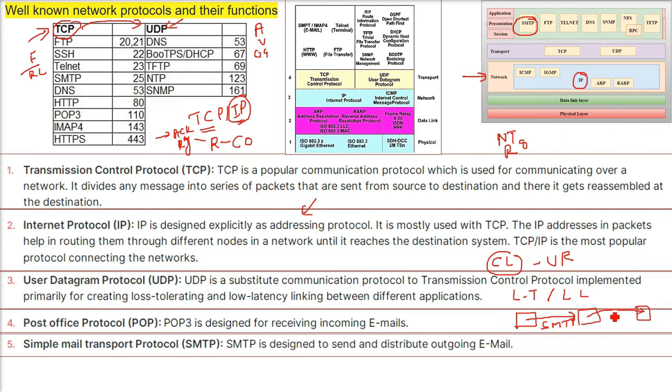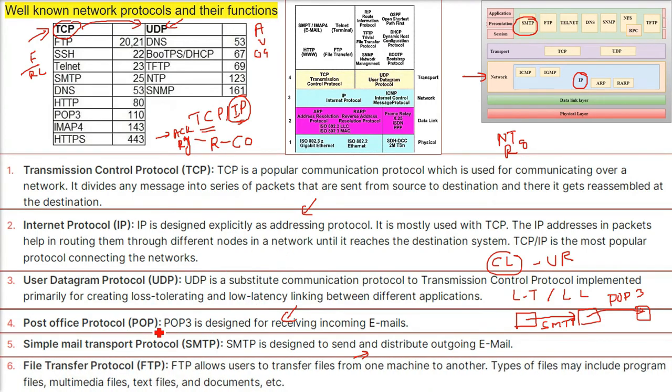Now, the machine to which you have sent the mail will pick it up from the mail server. Who is going to pick it up? POP3. POP3 is designed for receiving incoming emails. SMTP is designed to send and distribute outgoing email. So these two protocols work in tandem to send and receive email.